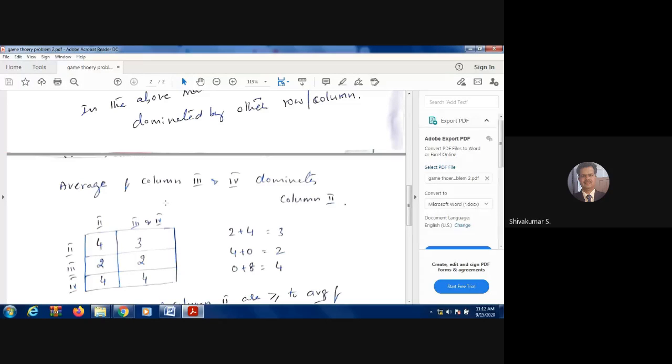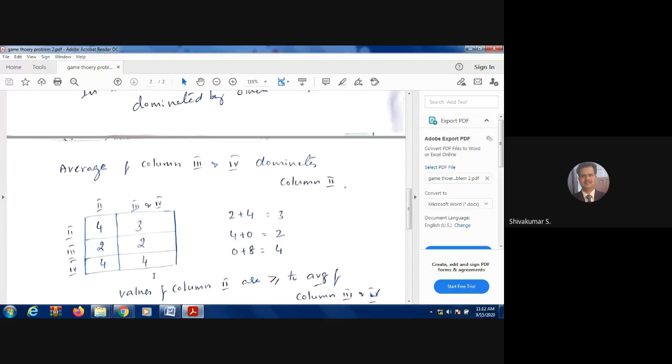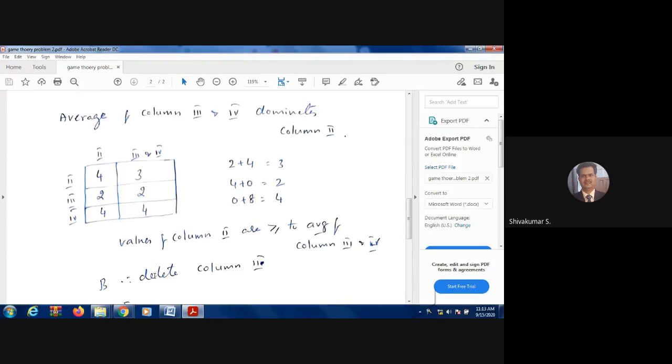The values in the second column: 4 is greater than 3, 2 is equal to 2, 4 is equal to 4. That's why you are deleting column 2. We have done here that the values of column 2 are greater than or equal to the average values of columns 3 and 4, and therefore delete column 2.